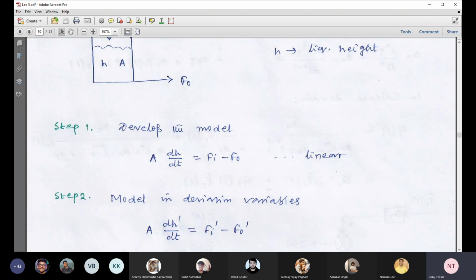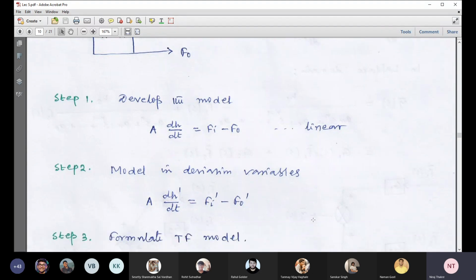Otherwise you will face a problem when you take the Laplace transform of the differential equation. Many more terms will come. That's why, to simplify, we consider deviation variables. The prime symbol is present over the variables only.